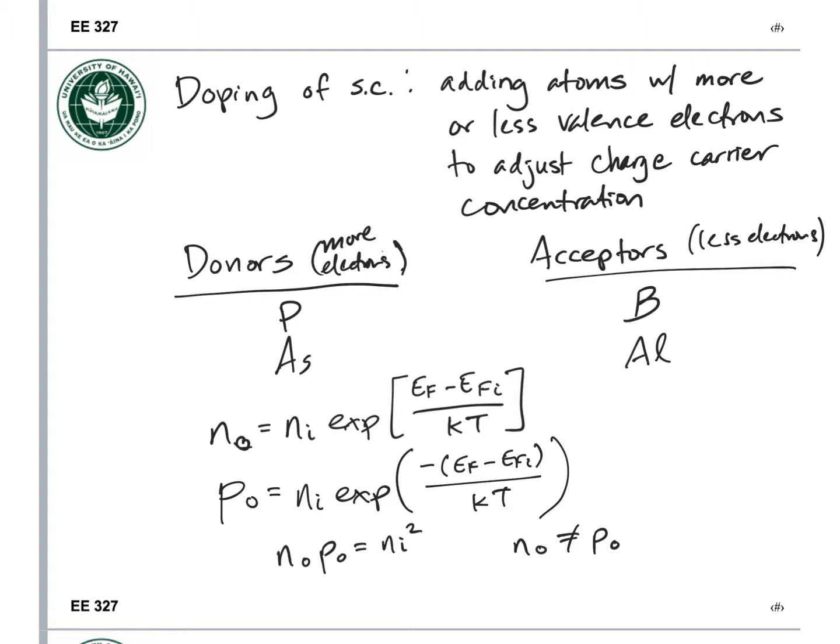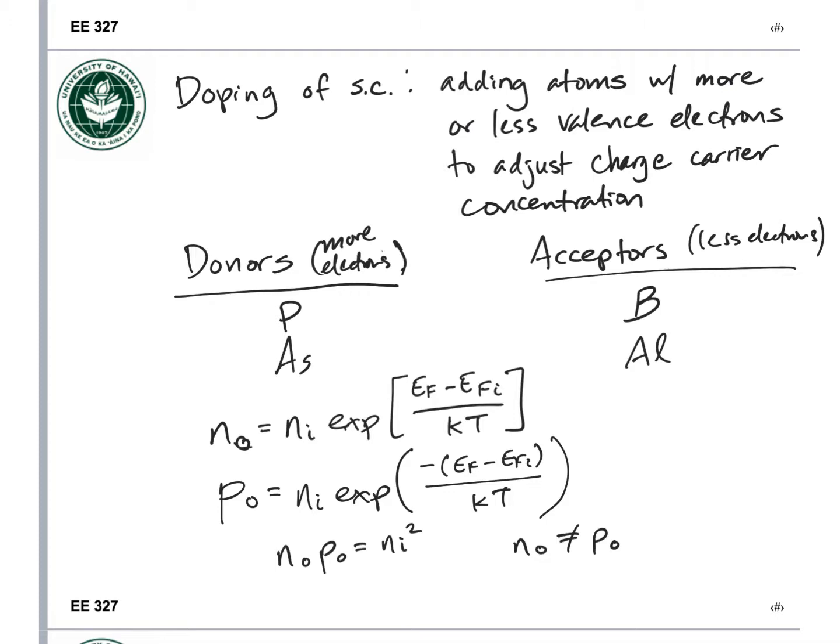So we changed the chemistry of the material so that we don't have to make that assumption anymore. Okay, so by adding these dopant atoms at various concentrations, we can change the carrier concentrations as well.